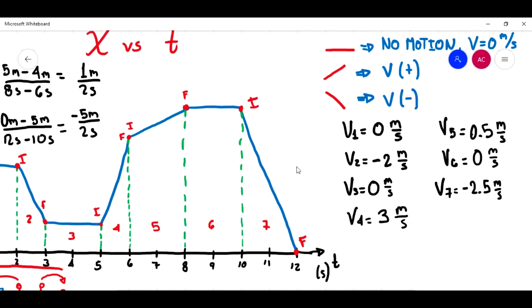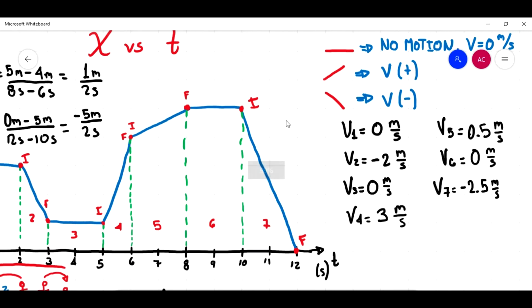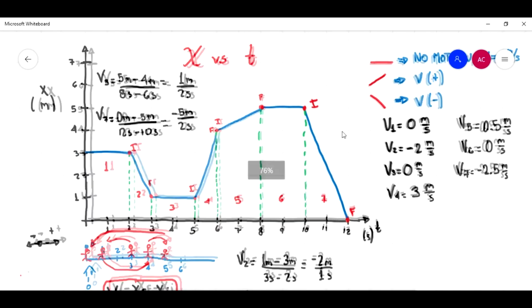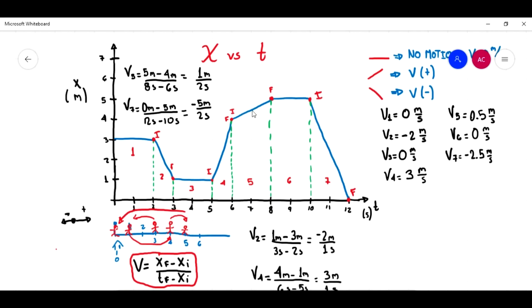That means that in 1 second that person traveled 2.5 meters.